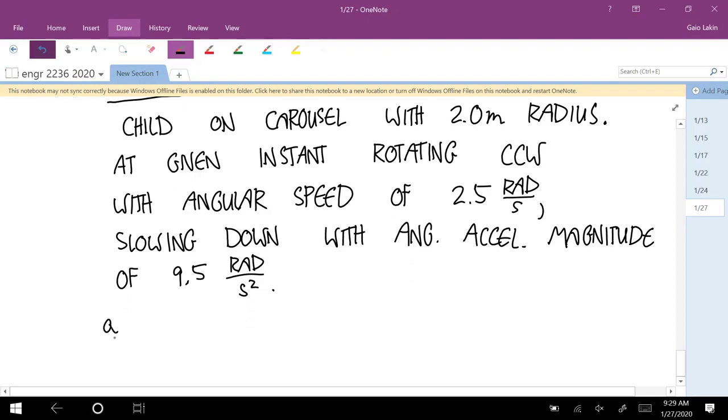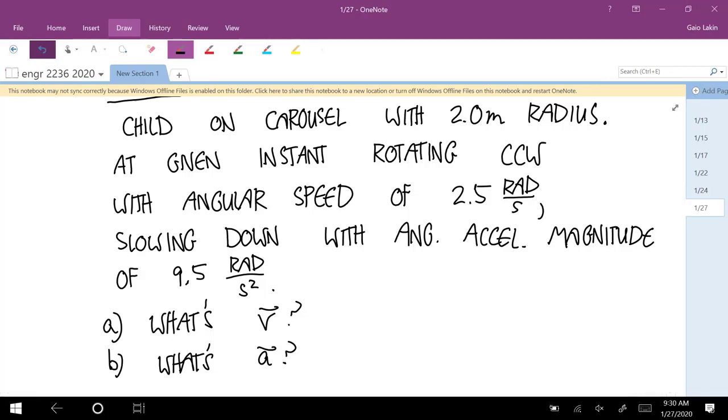And we want to calculate the velocity and the acceleration at that instant. In physics 1, you did problems like this, but we're going to use those vector equations now, okay?